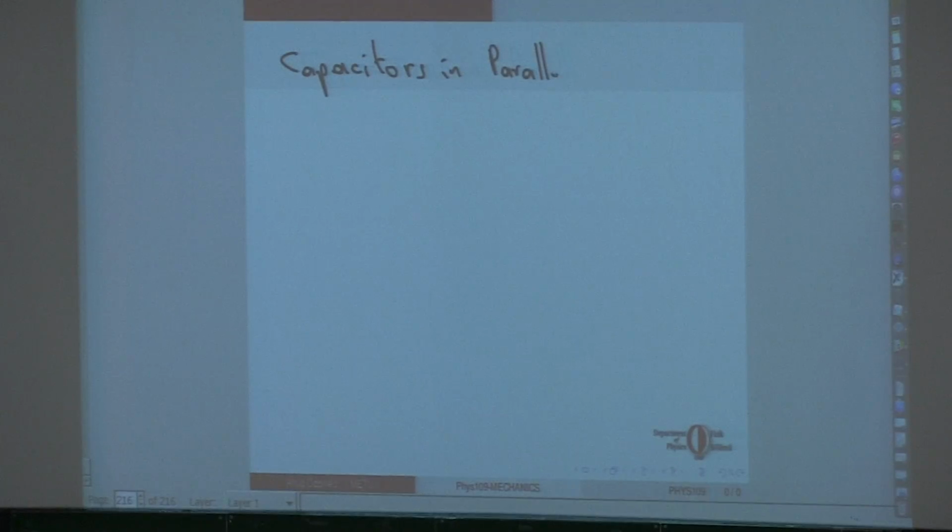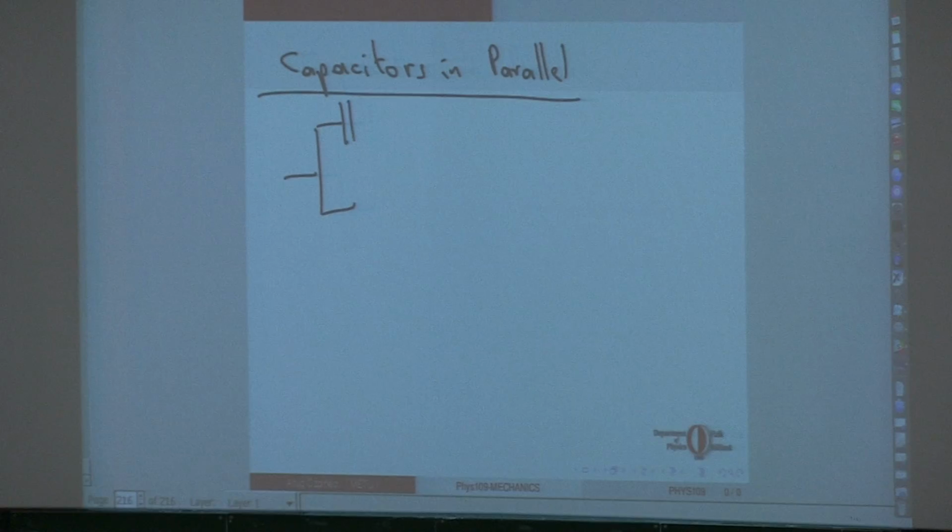Now let's connect the capacitors in parallel. Now in this case we have these two capacitors. Again, this one, let's call it C1, this let's call it C2.